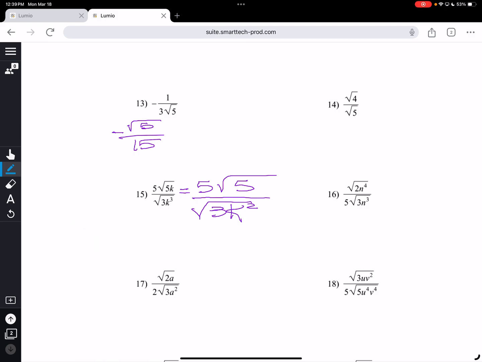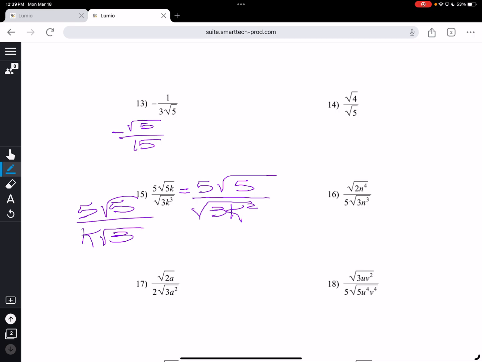So, y'all have agreed that k squared is a perfect square, so I'm throwing it out first. And we have in the denominator just radical 3, and we have 5 radical 5 in the numerator. Is everybody good to this point? Kevin, what'd you get?